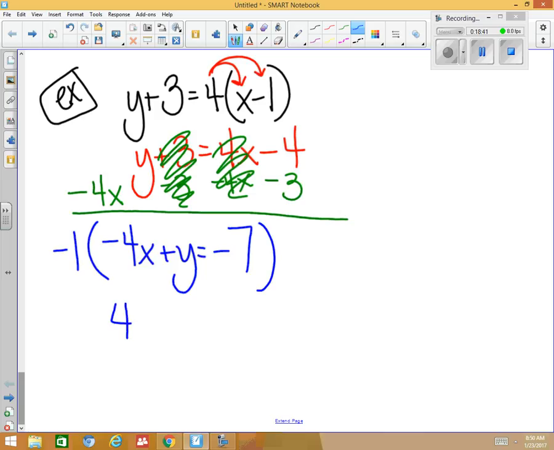Yeah. What's a simpler way that I could do that? Just change all the signs. Take all the signs and make them opposite. That one went positive, that one went negative, that one went positive. Yeah, it has to go x, y, and then c.